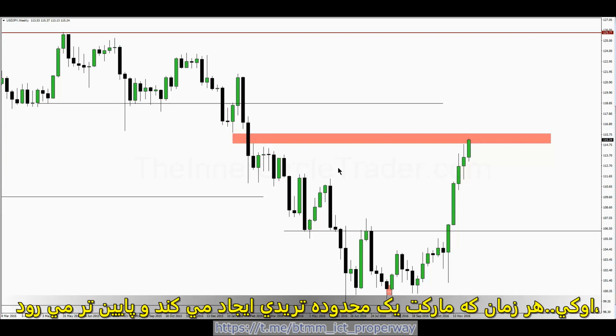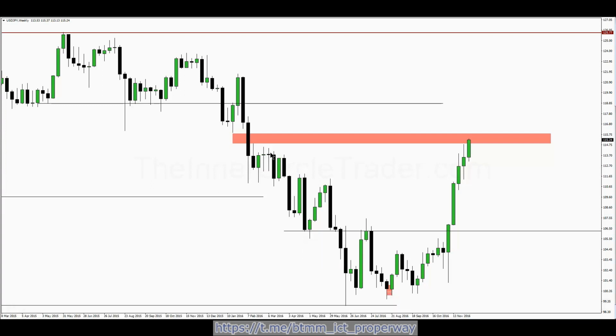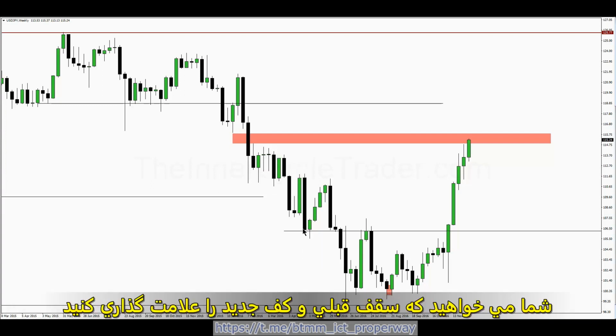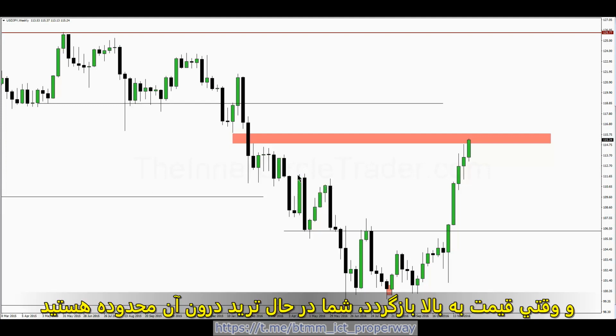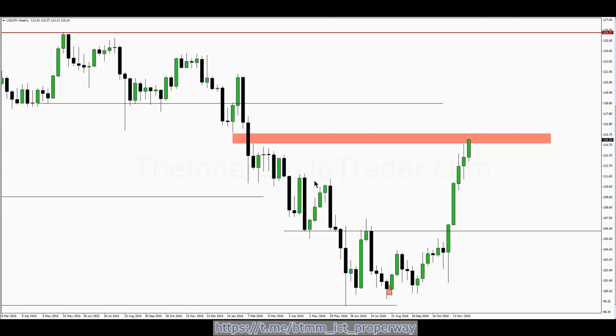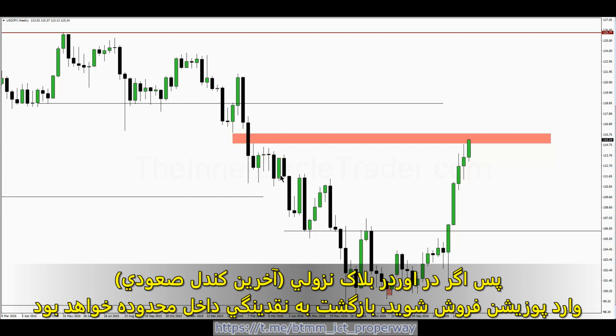Okay, so every time the market creates a trading range going lower, you want to mark off the previous high and the new low, and when price trades back up, you're trading inside that range. So if you trade short at a bearish order block, which is the last up candle, that's going to be a return to internal range liquidity.